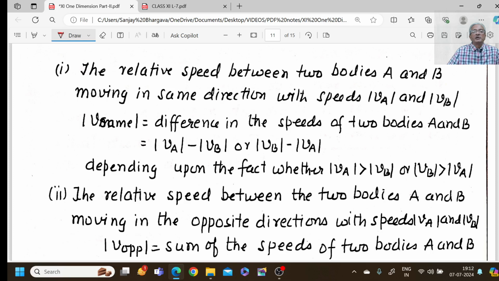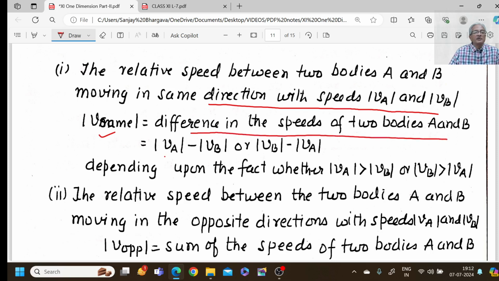The relative speed between two bodies A and B moving in the same direction with speeds VA and VB is equal to the difference in the speeds of the two bodies: magnitude VA minus magnitude VB, or magnitude VB minus magnitude VA, depending upon whether VA is greater than VB or VB is greater than VA.